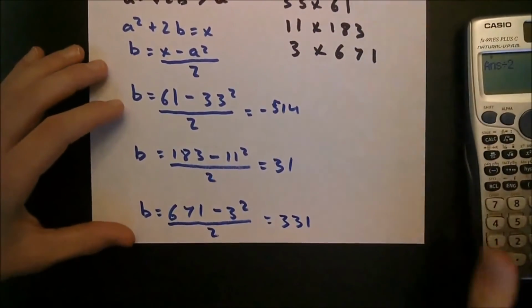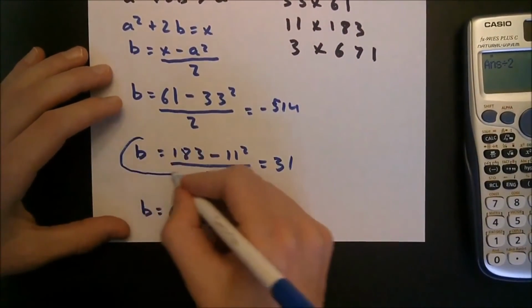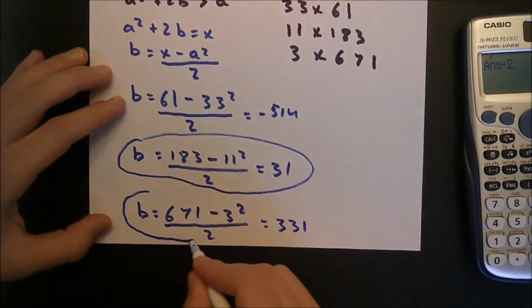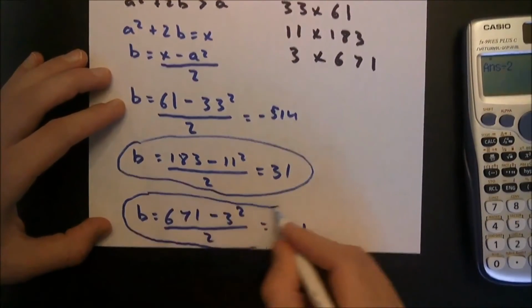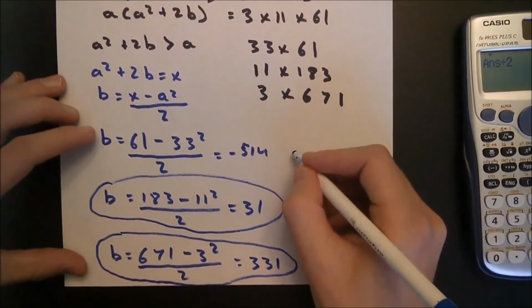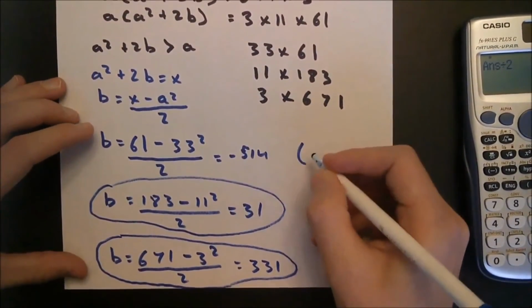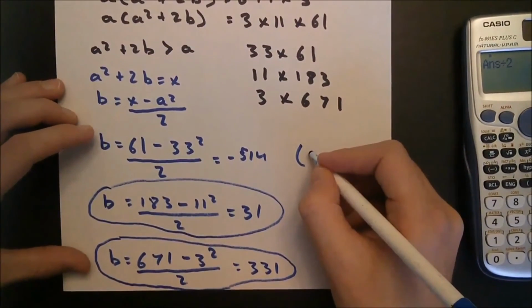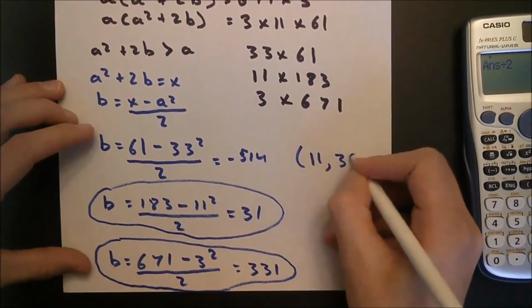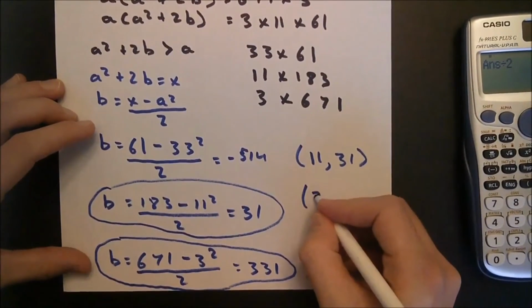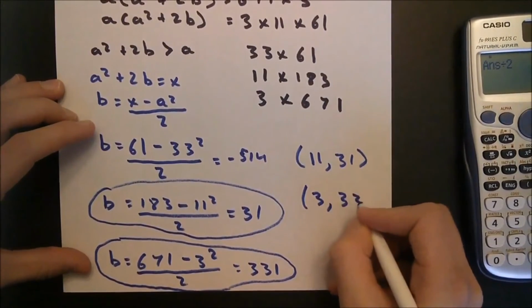Okay, so our solutions are just the ones where b is positive. So this and this. So the solutions to this equation are actually (a, b) equals (11, 31) and (3, 331).